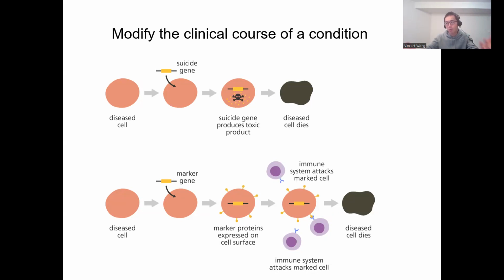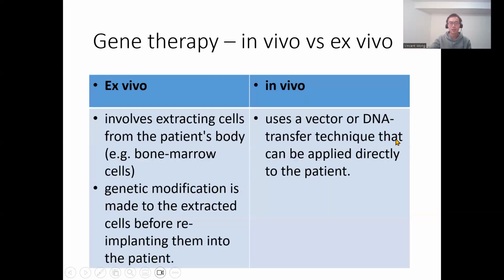You make them stand out from your own cells. And then the immune cells will see them quickly, and then they would just kill them. And then, in the best case scenario, you will get rid of the tumor, the cancer cells, theoretically. So those are the three objectives of gene therapy.